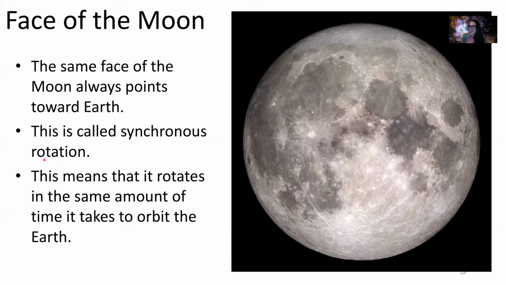For us, that's not the case for our Earth because we are spinning on our axis and different parts of our Earth are facing the sun at different times of the day. But especially planets that are really close to their parent star, a lot of those planets are said to be in a synchronous rotation, just like the moon is in a synchronous rotation with us on the Earth.